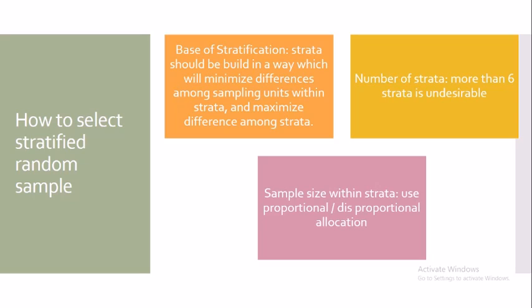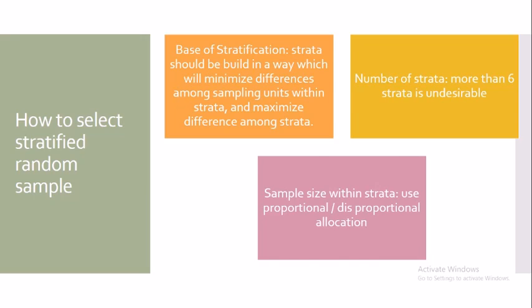After dividing the population into a certain number of strata or groups, we should take a sample, and for that, from each group we should select some units. For that we can use proportional allocation or disproportional allocation.